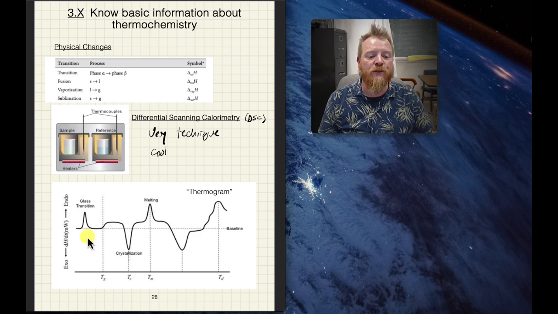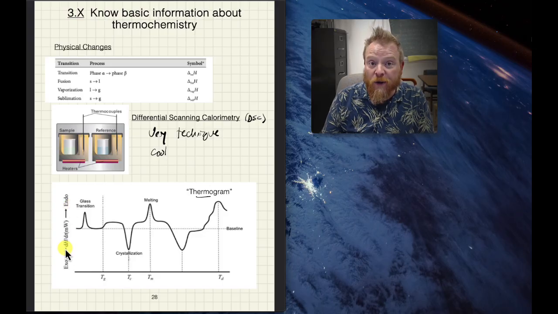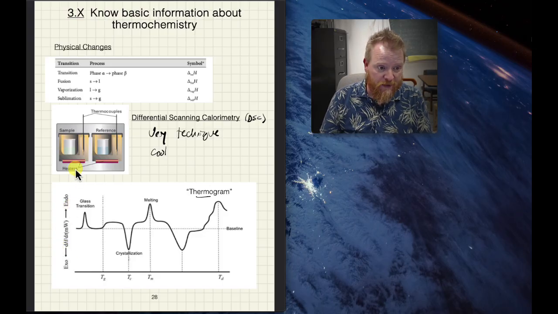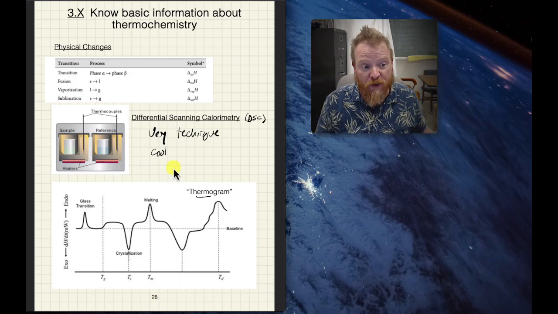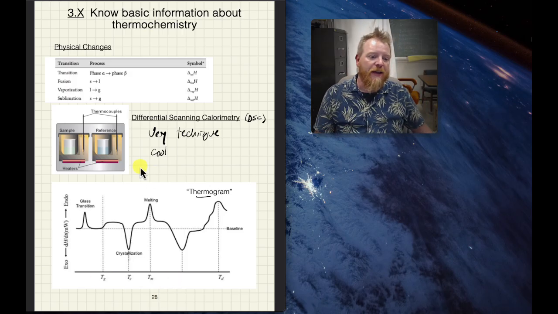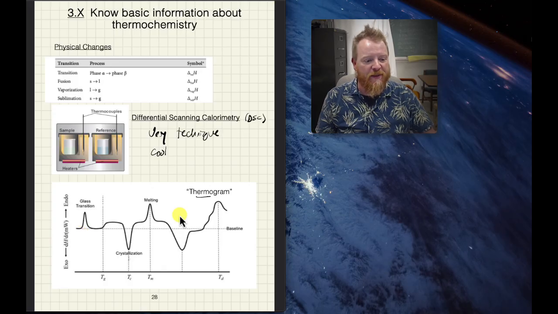The results of that are given in what we call a thermogram. On the y-axis is the power applied to the sample, and on the x-axis is the temperature of the two chambers. What you can see here is that the baseline gives us our reference.